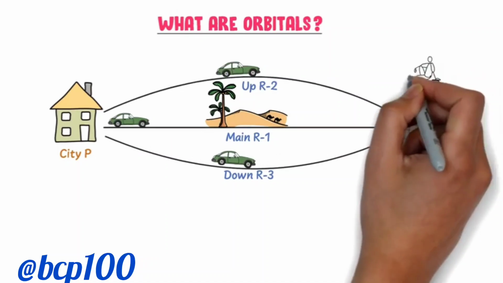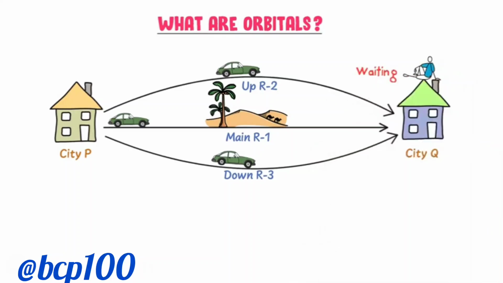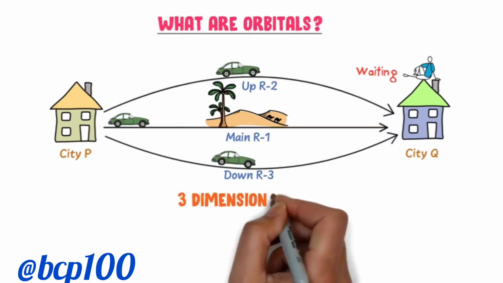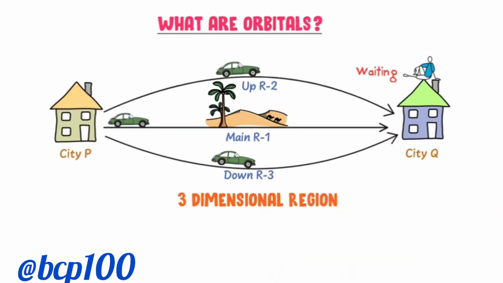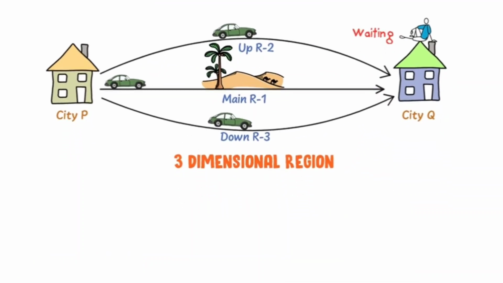Also, you are waiting for the arrival of the car in city Q. But you are 100% sure that there are three routes on which the car will travel from city P to city Q. Secondly, we can say that route 1, route 2 and route 3 form the three-dimensional region where the car is traveling from city P to city Q.